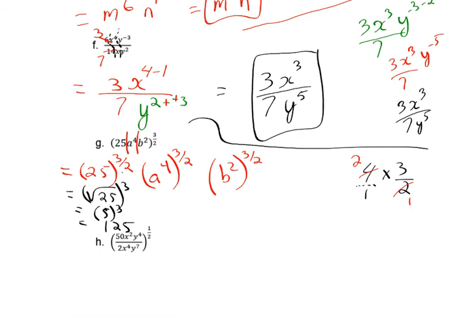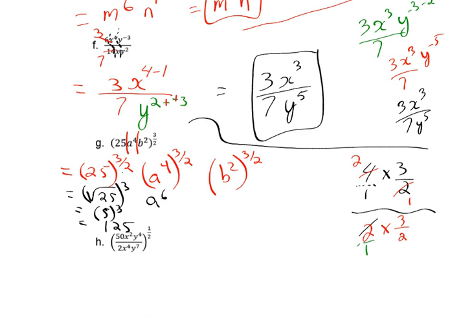Either which way, we got 6. This is a to the 6. Now we've got b to the 2 to the 3 over 2. That means multiply the exponents. 2 times 3 over 2. Yeah, you could go 2 times 3 is 6. 6 divided by 2, 3.